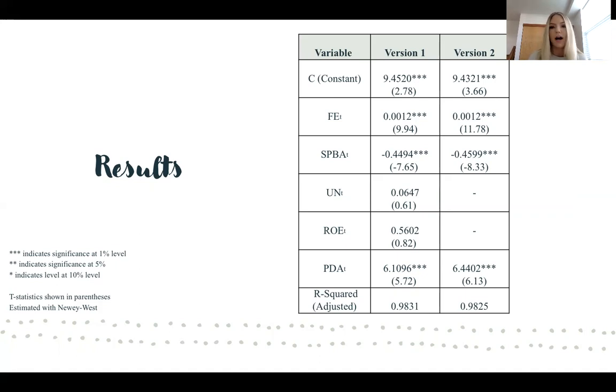So that is why version 2 is the preferred version. This regression was estimated with Newey West, and the t statistics are shown in parentheses. 1 star indicates that it was significant at the 10% level, 2 stars indicate significance at the 5% level, and 3 stars indicate significance at the 1% level.